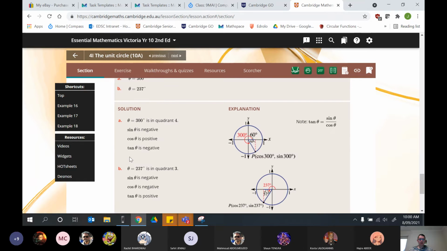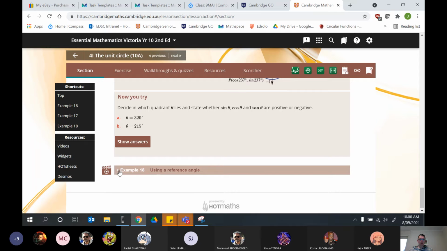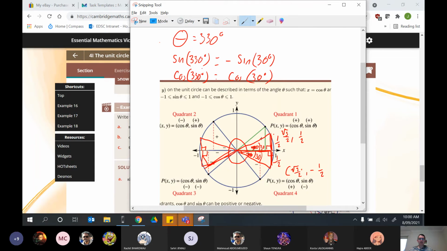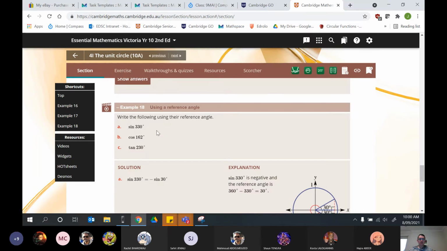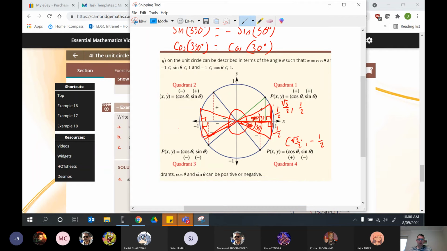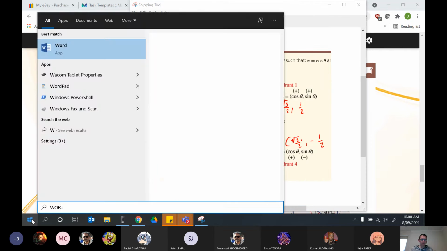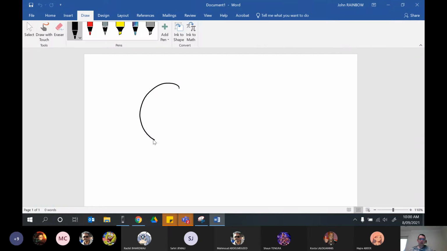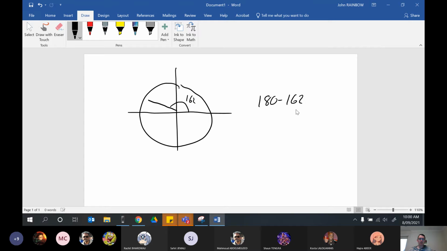So when we look at using a reference angle, write the following using their reference angle. So sine 330, well, we just did that one, is negative sine 30. Cos 162, okay, if I think about it, what I try to do in my head is think about the reference angle. Cos 162, that's going to be 162 over here. So the reference angle is going to be 180 minus 162, which is 18, because you're thinking of this triangle in here, 18 degrees.